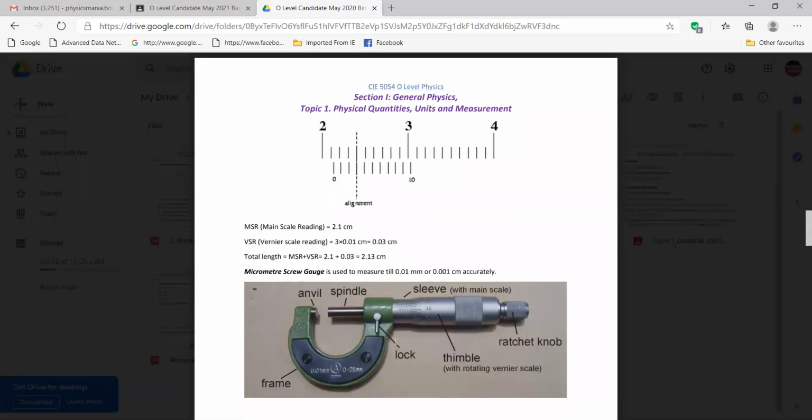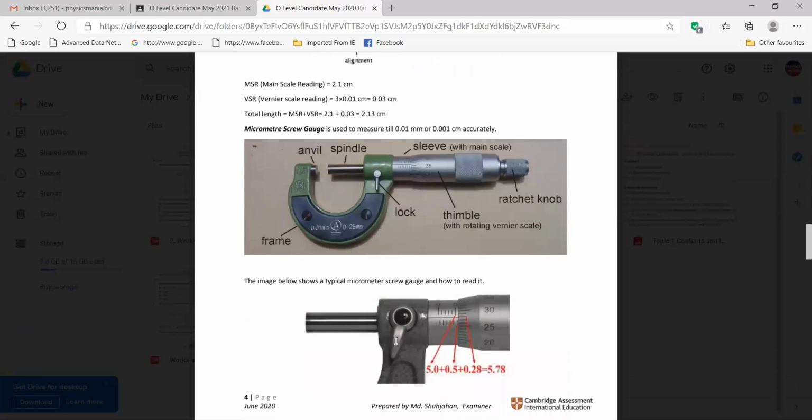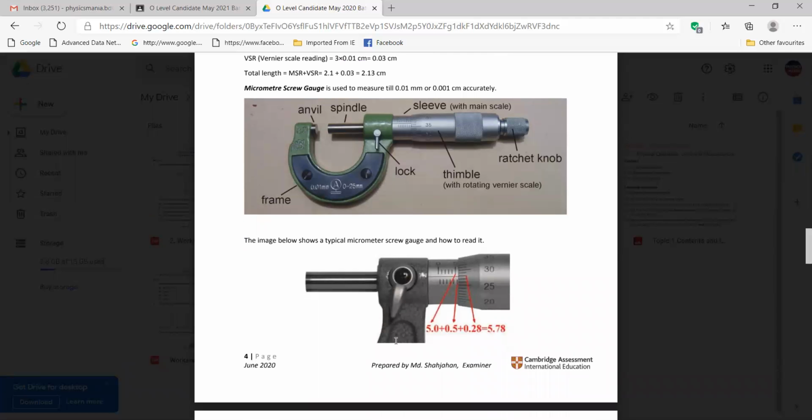This way we measure vernier scale reading. Then we have micrometer screw gauge. You have the ruler still with you, right? Yes, sir. And we are talking about 1 millimeter in the ruler. If you divide this 1 millimeter into 100 equal parts, then it will be very, very small, right?